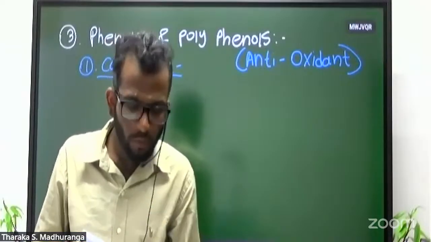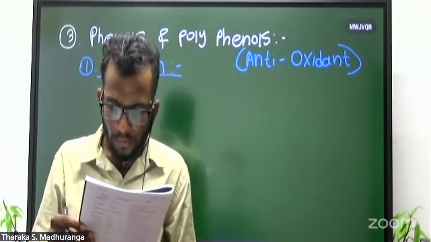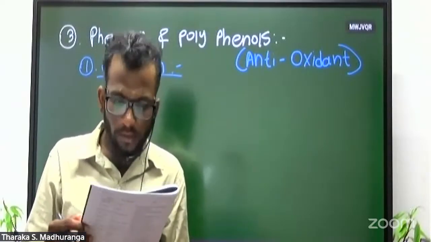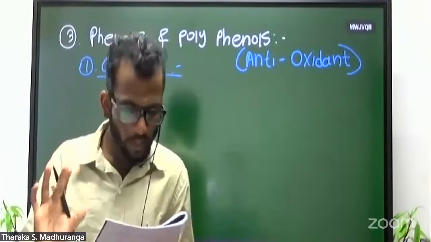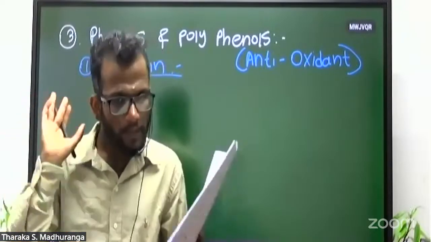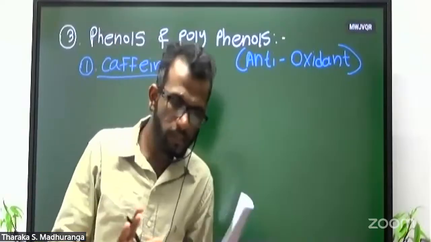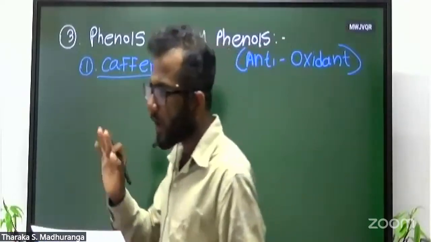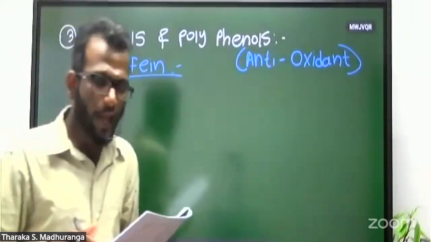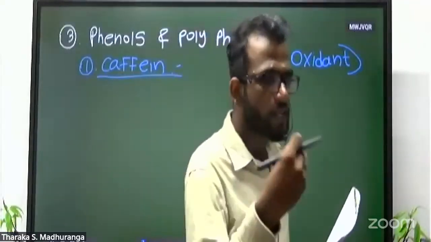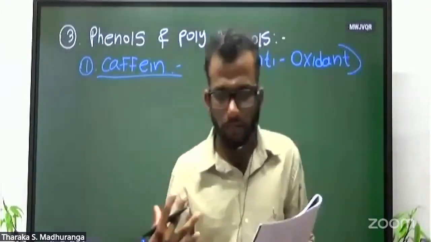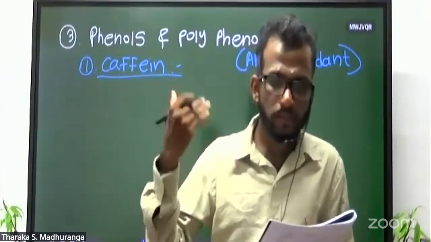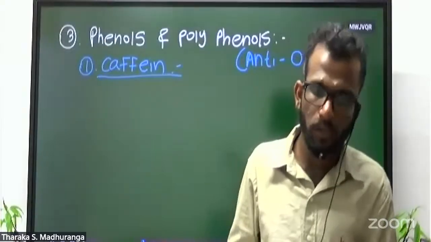At the electron level I have given it; if you want additional knowledge, you can go through that. They are not asked in the exam, but you just need to understand that the main function of phenols and polyphenols is that they are all antioxidants. Antioxidant means they can avoid oxygen damage or whatever damage comes to our living organism, and that's a stimulation ability.